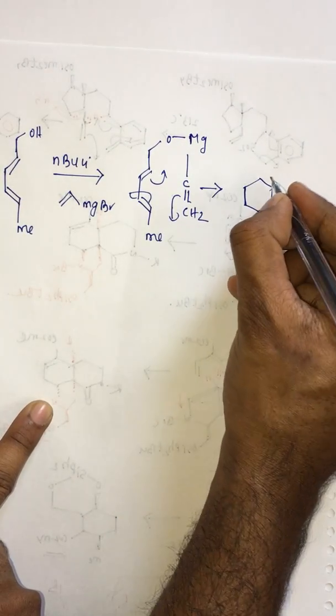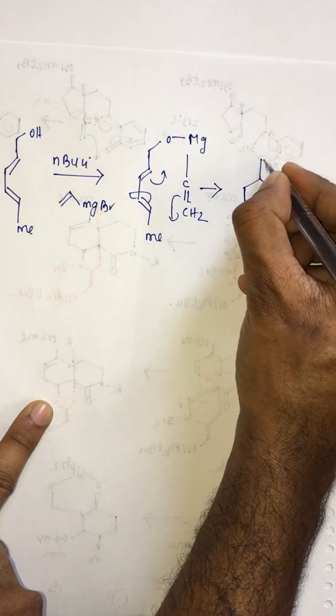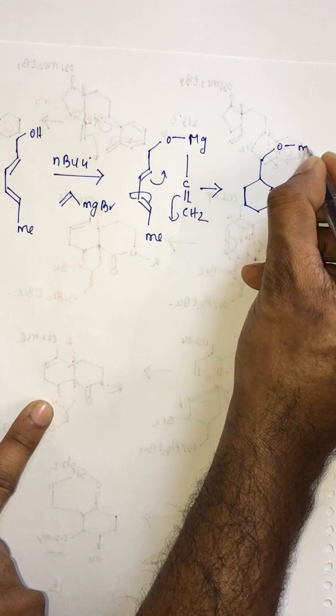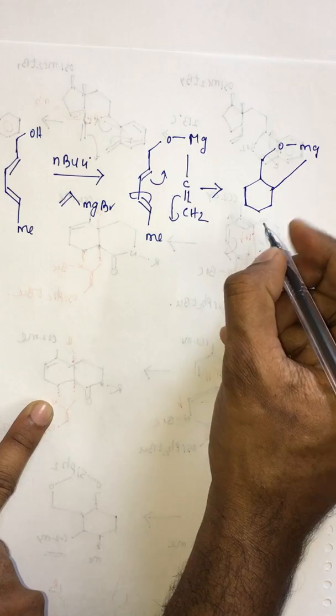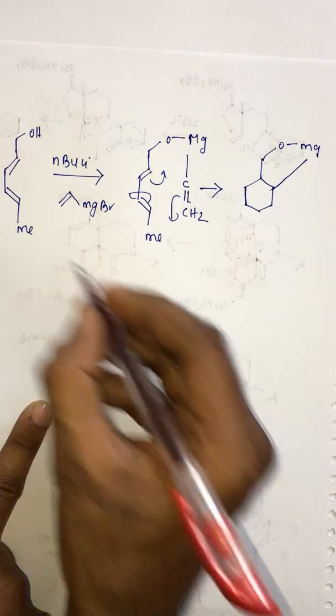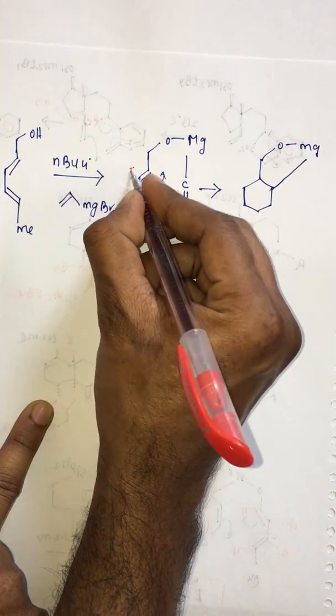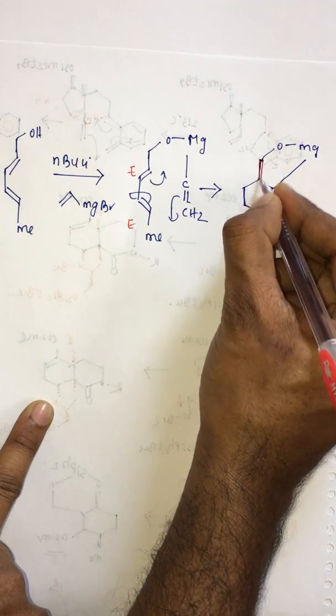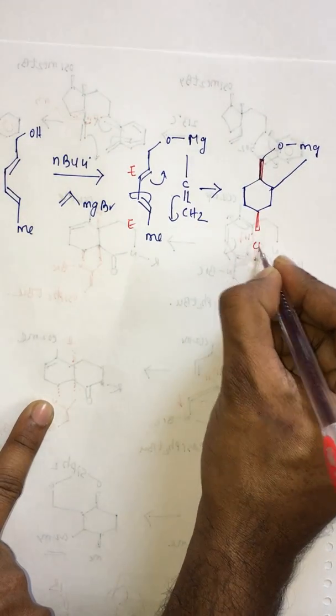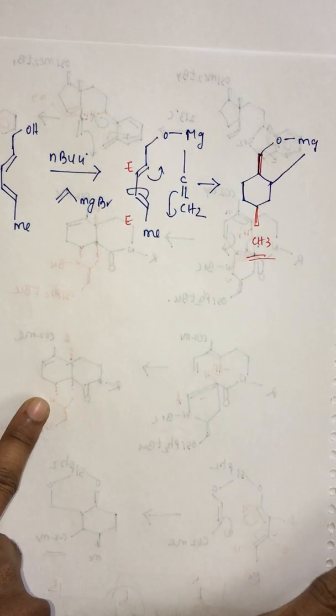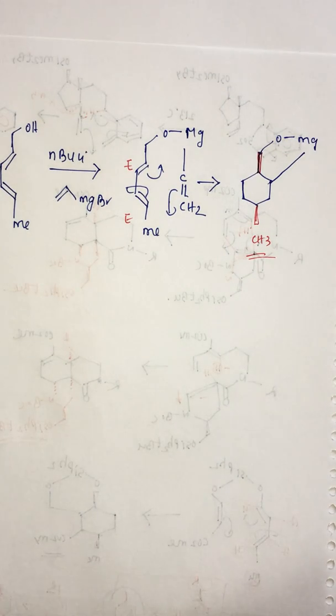So here also the same. Here also we have an E, here also we have an E. That means these both should come on the same side. Okay, so this is about the intramolecular Diels-Alder reaction. All these examples you can find in the Carruthers book.